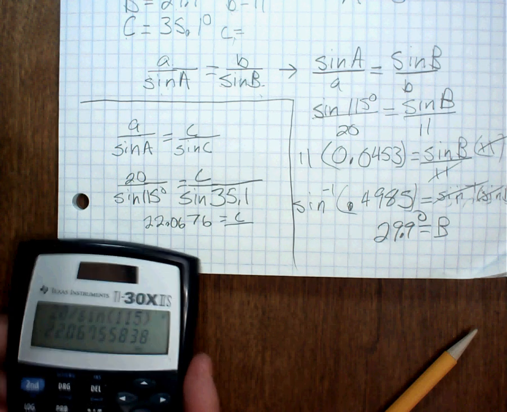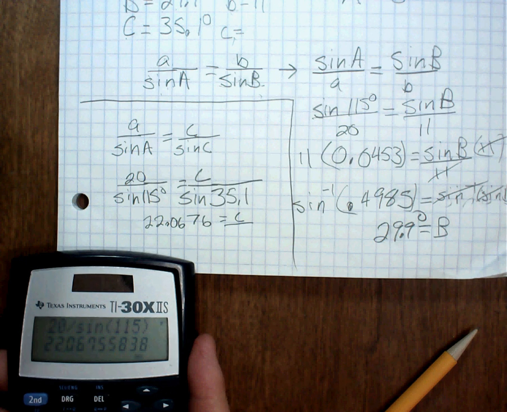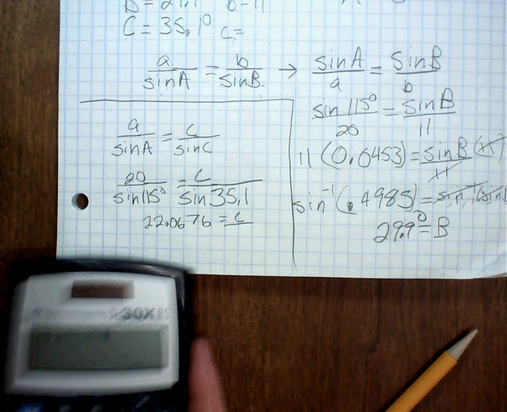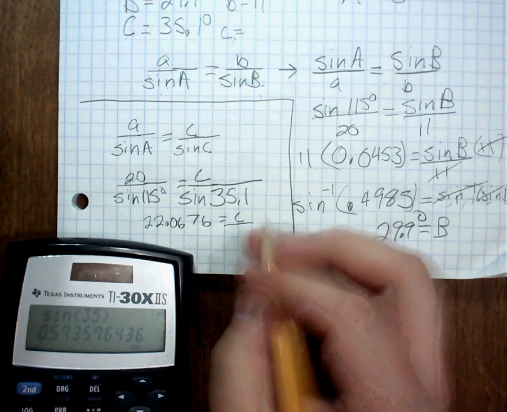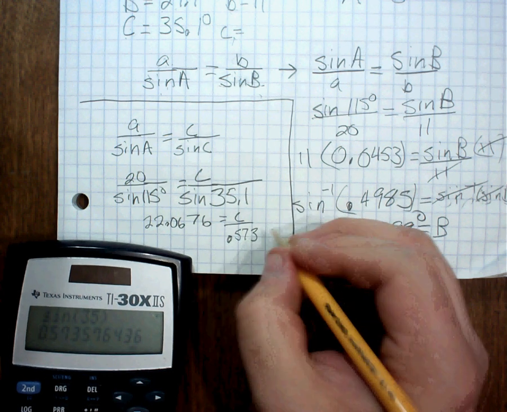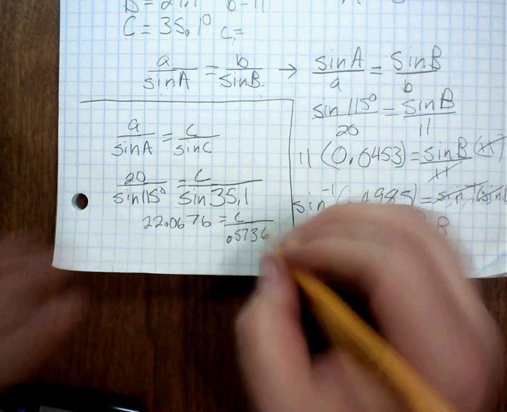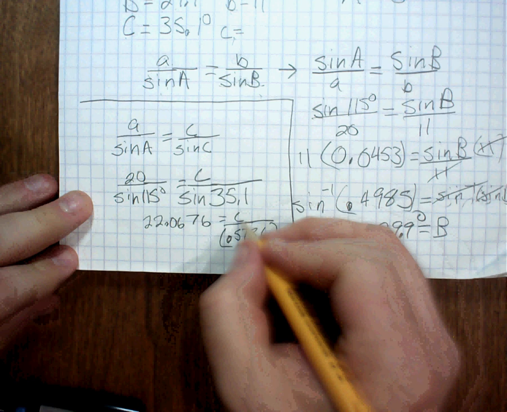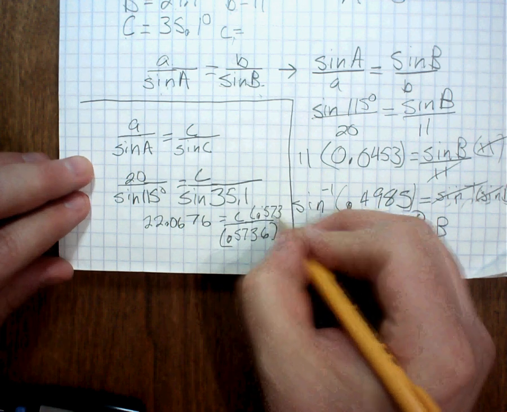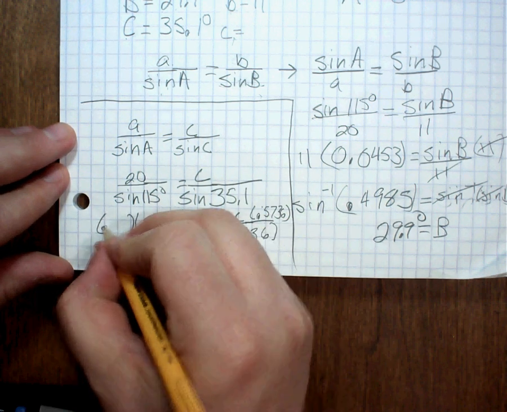Let's see what sine of 35 is. Point 573, and then I have to round up, 0.5736. Okay, so now to get this 0.5736 away from c, I have to multiply by 0.5736, and whatever I do on one side, I have to do on the other.